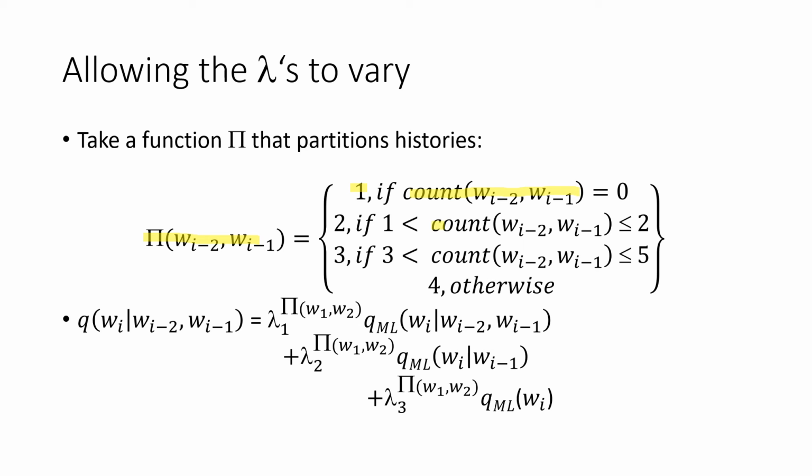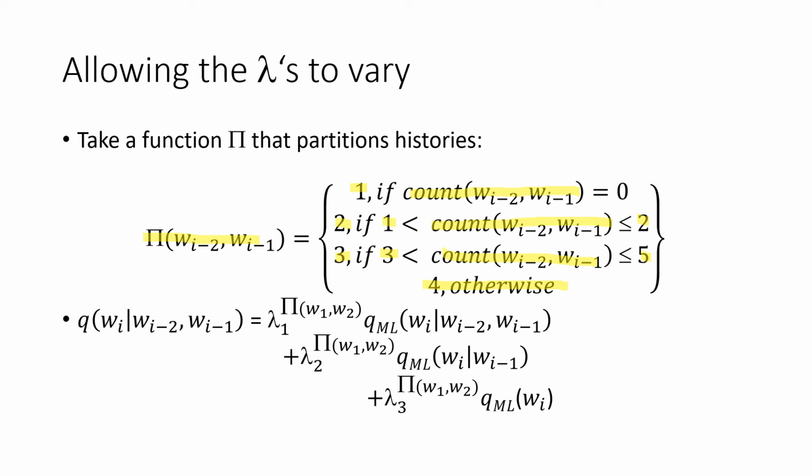If the count of the bigram is either 1 or 2, we define it as 2. If the count is between 3 and 5, we define the value of our pi function as 3, and in all other cases, so for big count numbers, we use the value 4.